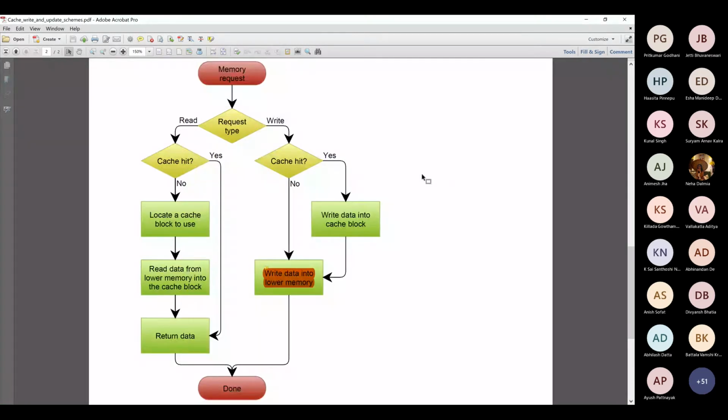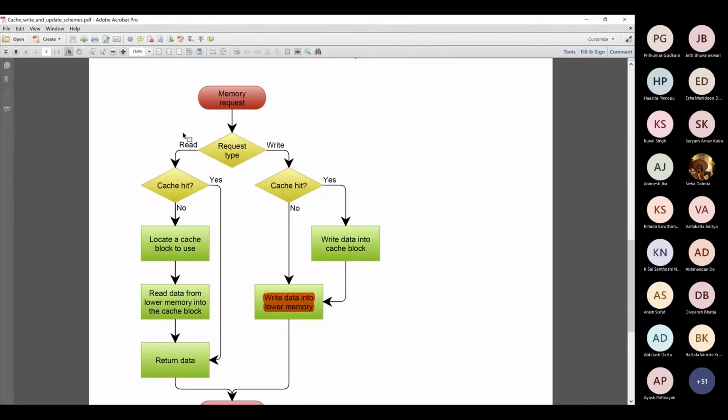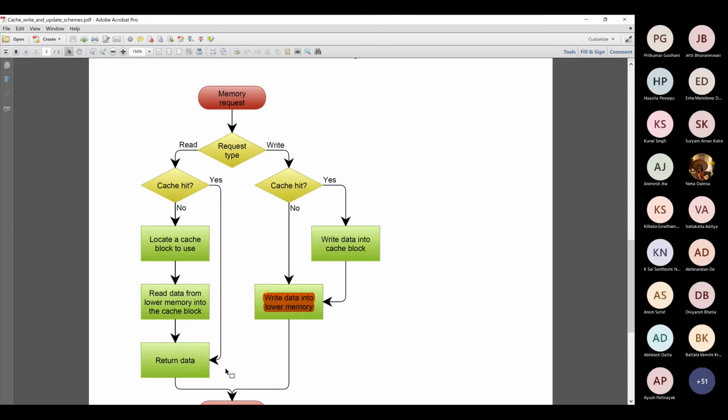Now, what happens if there is a read? The read is easier to understand in a write through with no allocate. If there is a cache hit, you immediately return the data. Otherwise, you locate a cache block to use and read data from it. So there is a miss and you return the data. There is nothing extraordinary.